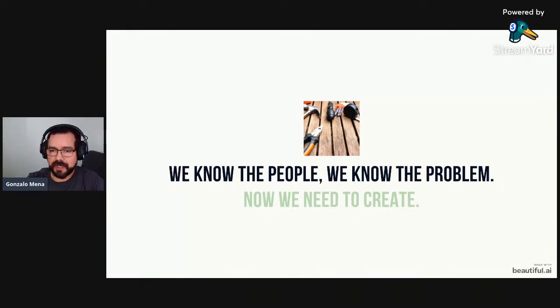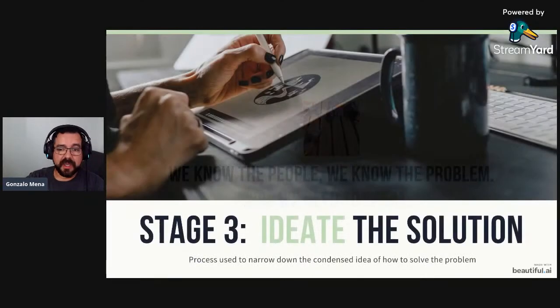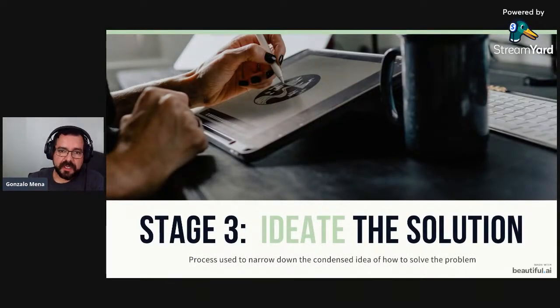And this is the fun part of this cycle of design thinking, because now is the time that we get to go crazy. We get to the ideate stage. We need to start crafting in our heads the solution. Ideate is a process used to narrow down the condensed idea of how we're going to solve the problem.